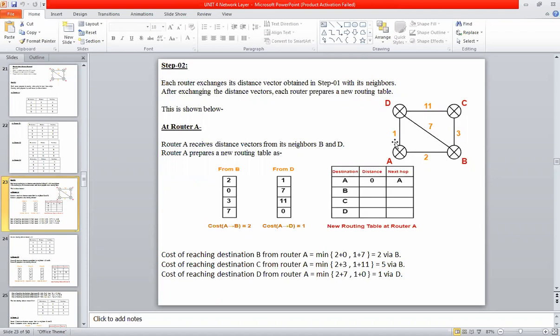Accordingly, by considering these distances, we have to upgrade the table.